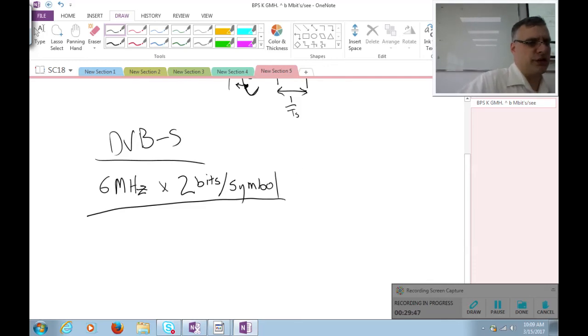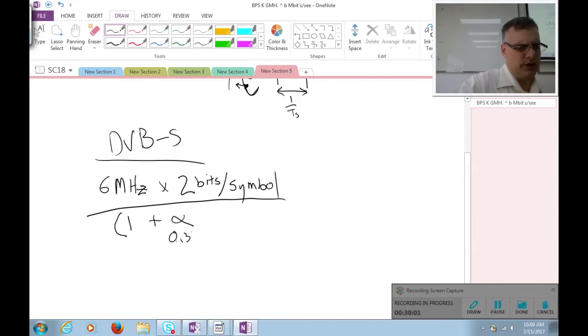But we have to adjust for the fact that instead of a sinc pulse, we're using a roll-off factor of 0.35, which means I have 1 plus my roll-off factor of 0.35, determining the number of hertz per symbol.